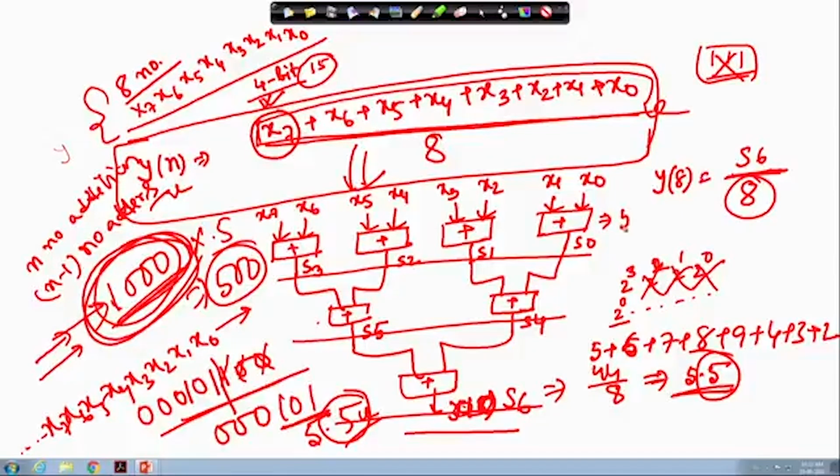Let us consider the delay for each adder as 5 nanoseconds, and I need to put resistors over here. Each input side has a resistor and the output side also has a resistor. If these resistors require 1 nanosecond of delay.